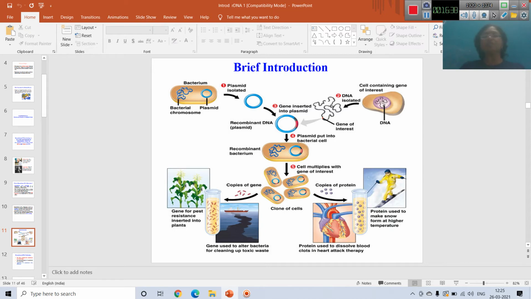So this is polluting the oceans and the seas, and therefore you have to create certain microbes, or genetically engineered bacteria are created, so that they will clean up the toxic waste products.